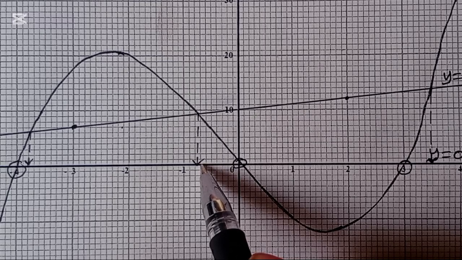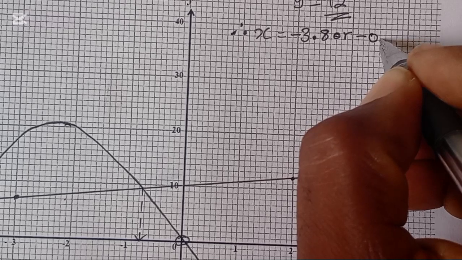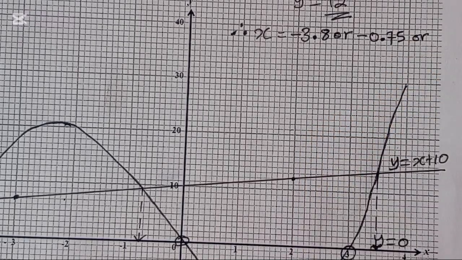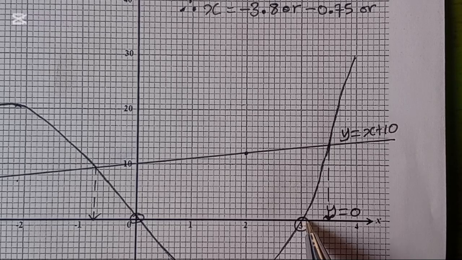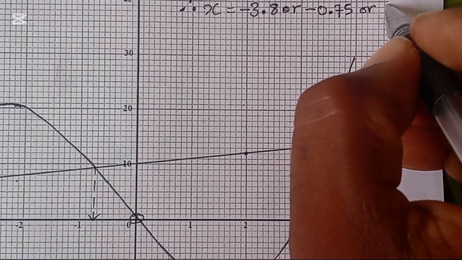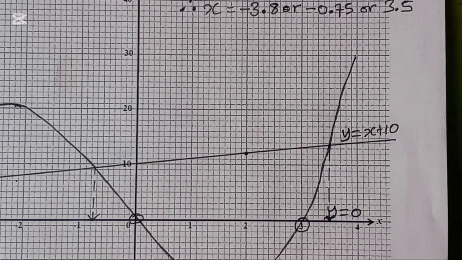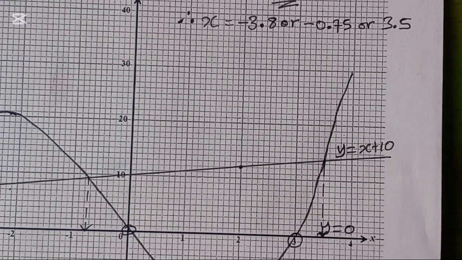Now on the middle, it is 0.75. Negative 0.75. Or, this is 3, 3.1, 3.2, 3.3, 3.4, 3.5. So these are the 3 values of x.